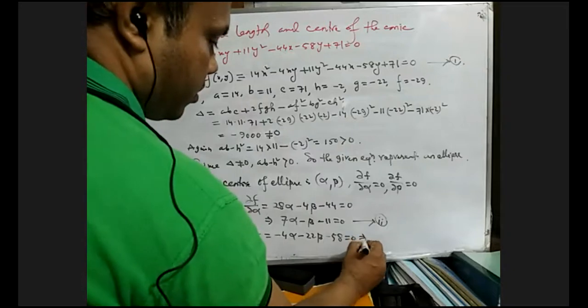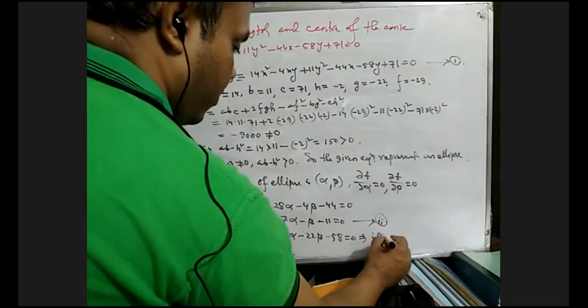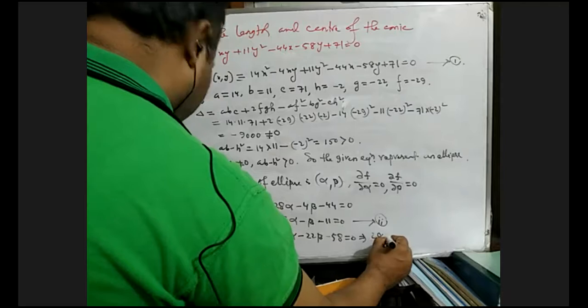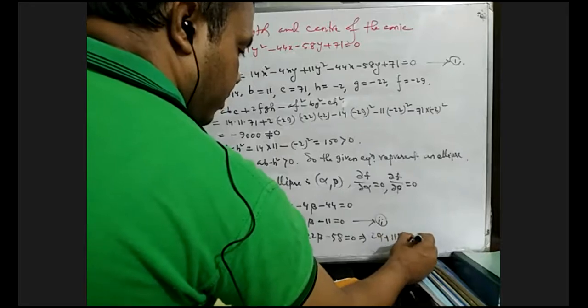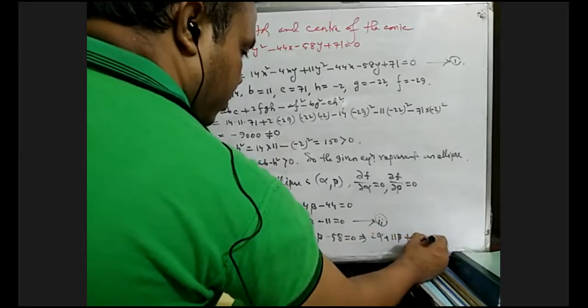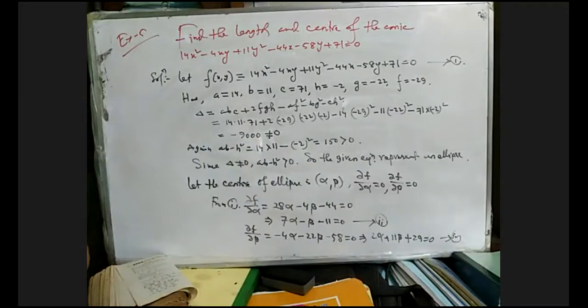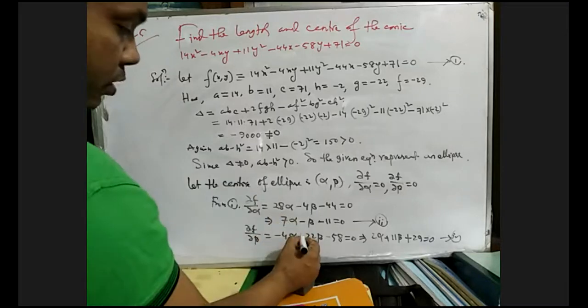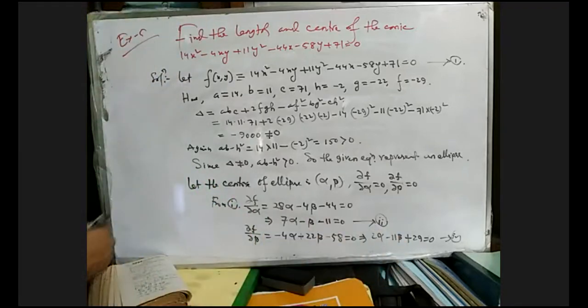So from this we get, dividing by minus 2 on both sides, 2 alpha plus 11 beta plus 29 equals to 0. This is equation number 3.